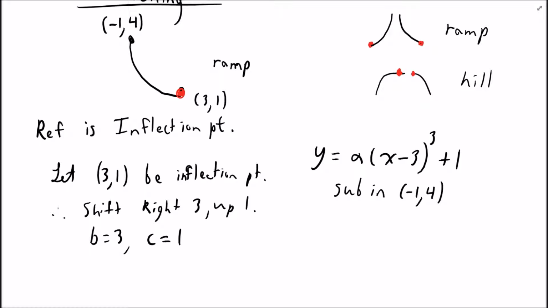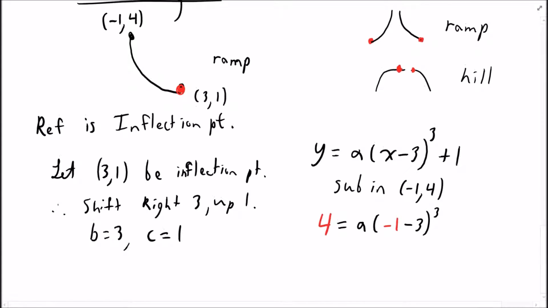So remember, it's xy, so y comes first. y equals, so 4 equals a bracket negative 1 minus 3 cubed plus 1.